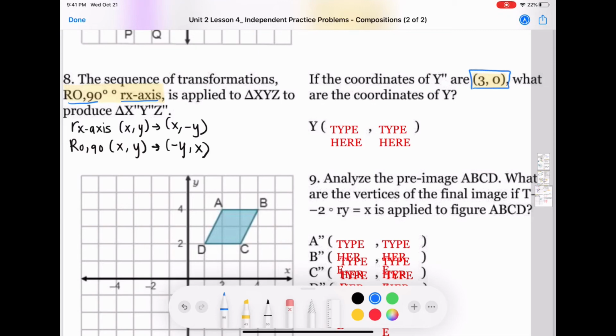Well, what we want to do is work backwards in order to find our original coordinate. We know that at the end we arrived at Y prime equals (3, 0). So the first thing we'll do is go back on the rotation. We will switch back the x and y, and then reverse the negation.